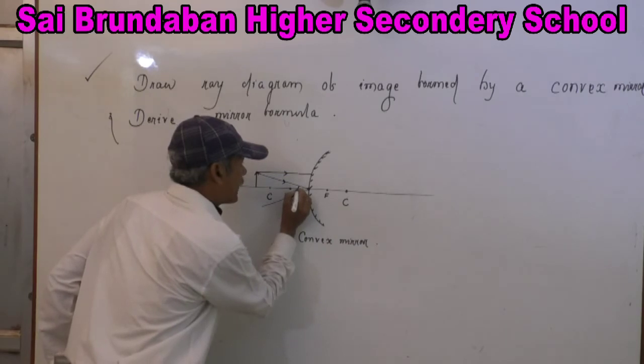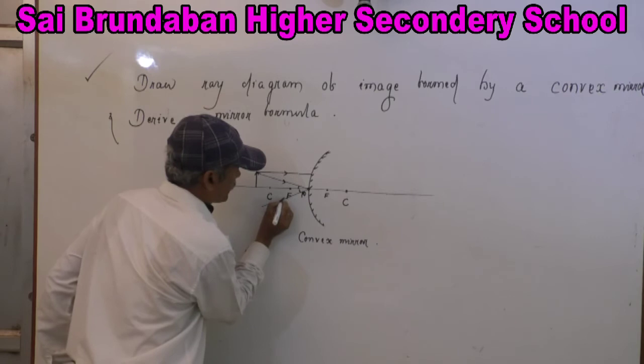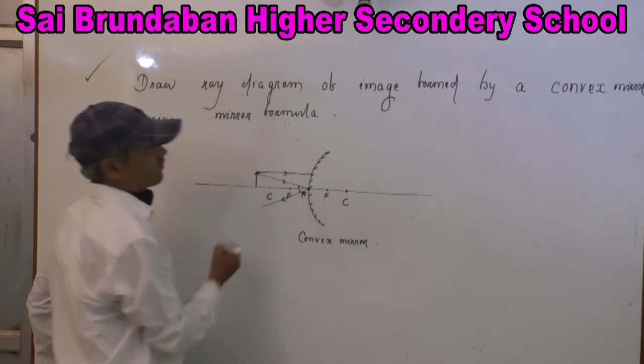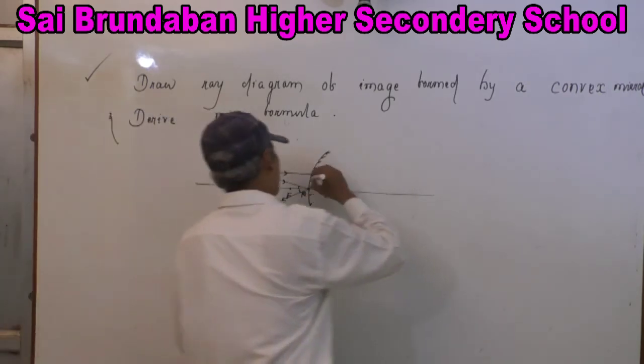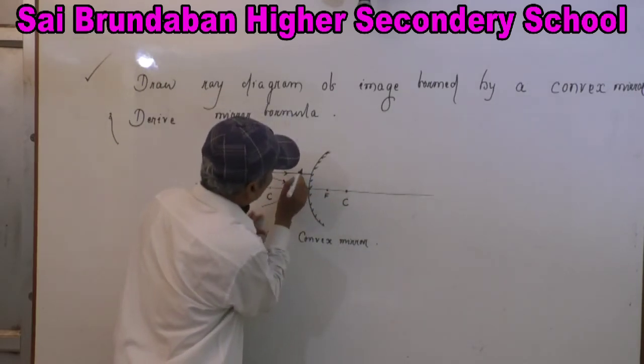So no doubt I is equal to R. This is the reflected ray here. You draw the normal here.